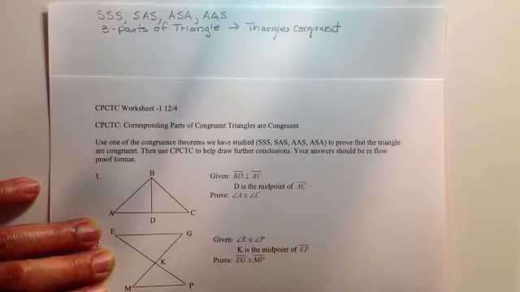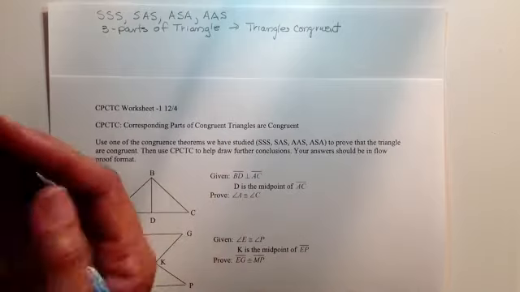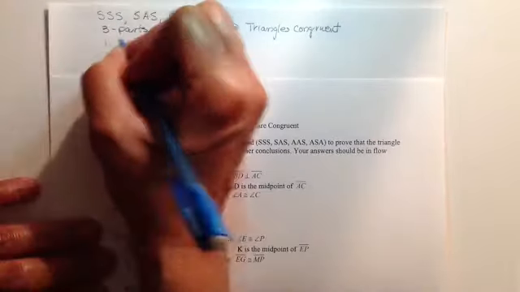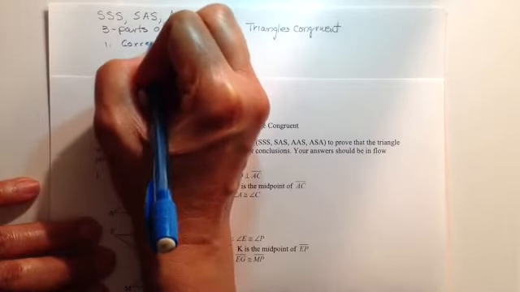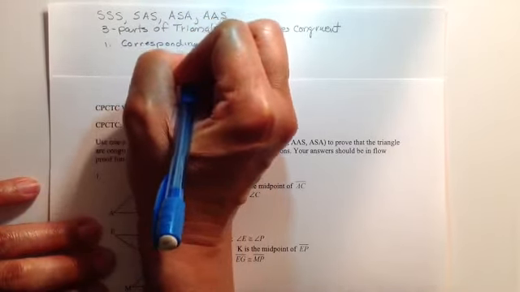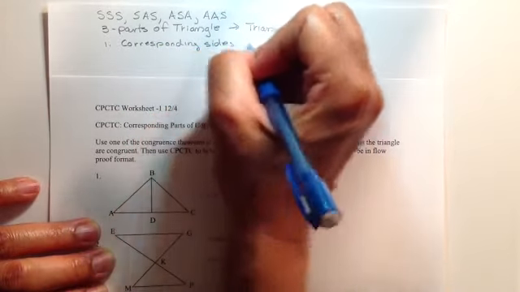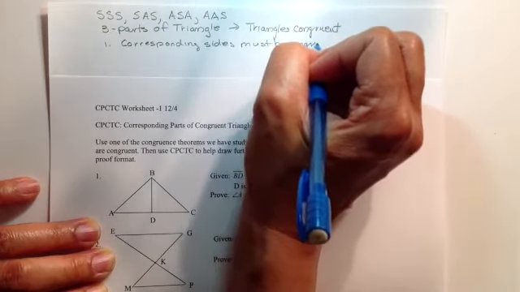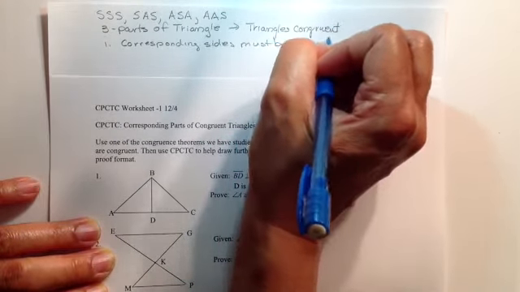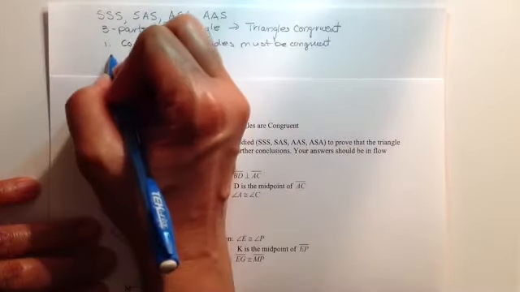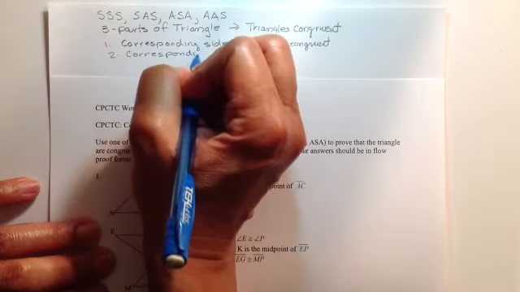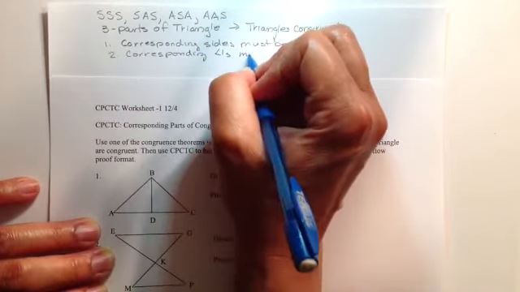Now, once we prove that the triangles are congruent, then we know that all the corresponding sides must be congruent. And all the corresponding angles must be congruent.